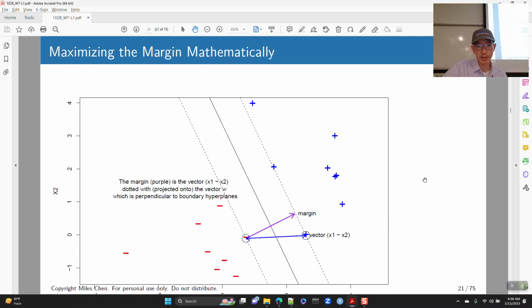Here, let me go back. So you have all of these points, and it's going to look at this times this, and this cross this, and from this point to all of the other points, and really the only ones that matter are the ones that have opposite signs. It's going to keep doing this until it finds the ones that touch the boundary.